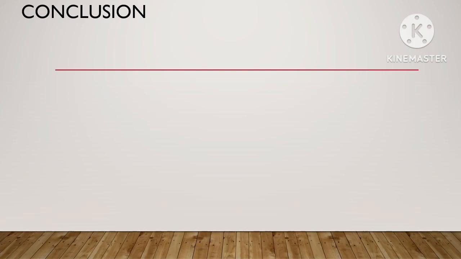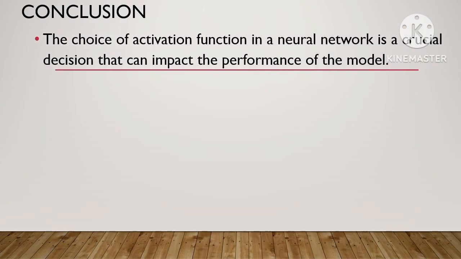In conclusion, the choice of activation function that one chooses for a neural network is a crucial decision that can impact the performance of the model. The activation function you settle on will determine how the model performs. If one picks a nonlinear activation function and another picks a linear one, there will be differences: some are able to handle complex situations, others are not.